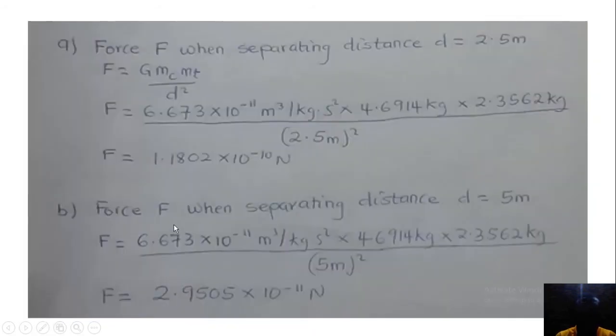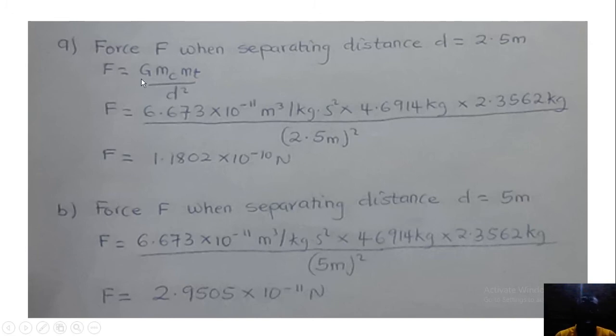Now that we know all the parameters, we can substitute the values into the gravitational force formula, which we know to be G times the mass of the first body times the mass of the second body, all over the square of the separating distance.